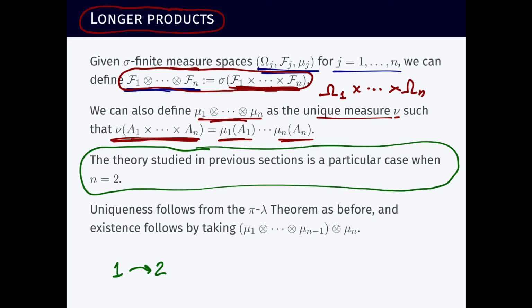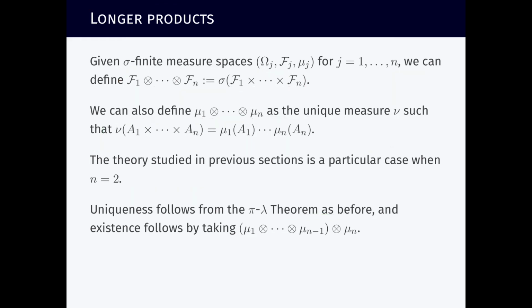Anyway, we're going to define a unique measure that has this property. If there is one, it will be unique by using the pi-lambda theorem and uniqueness as before, basically because this type of set forms a pi system. Existence we would need to argue, but we don't need to worry about it.